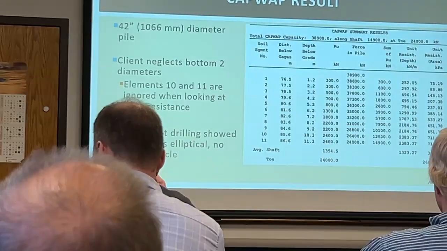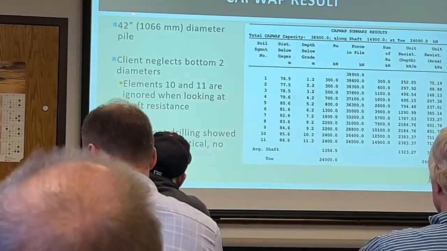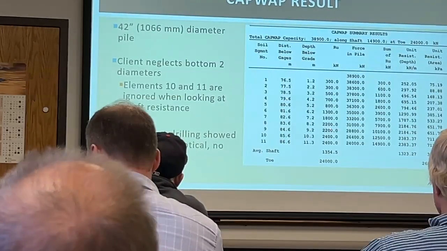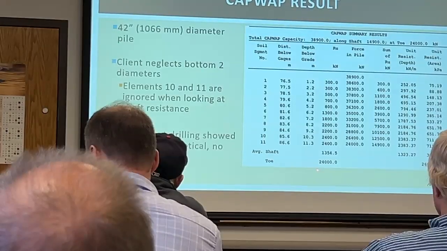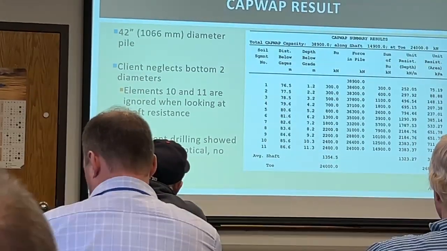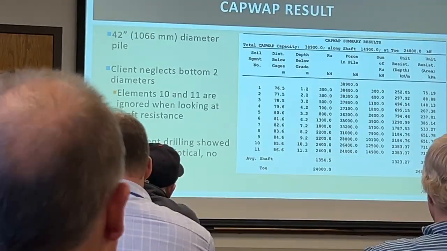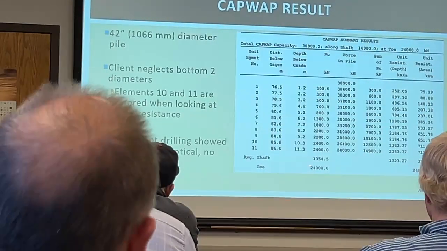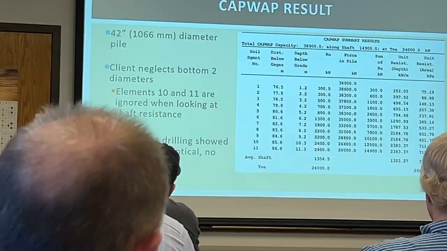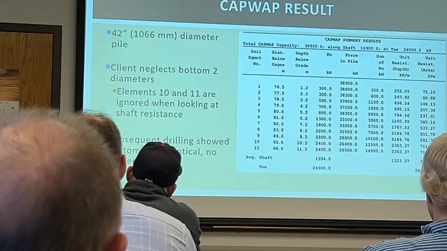Well, there's the CAPWAP result. 42-inch diameter pile. We have 24,000 kilonewtons, 24 meganewtons. That's about 6,000 kips at the bottom of this pile. And we see about 600 kips in the last few elements.